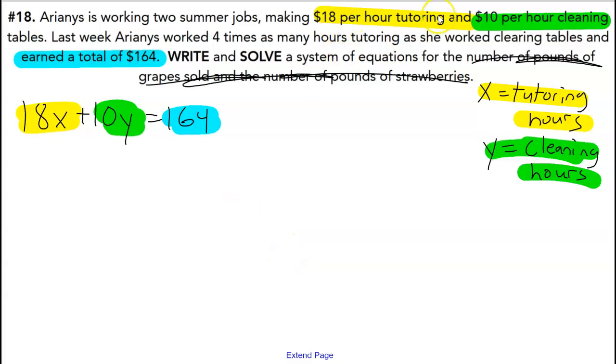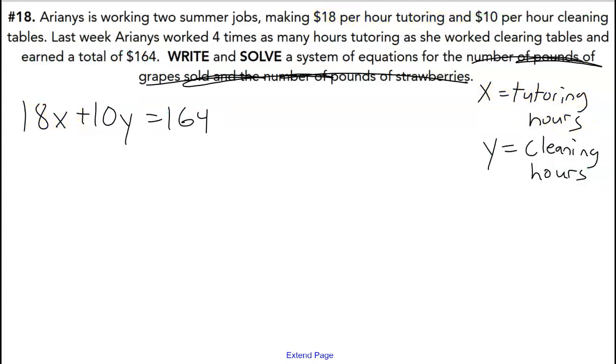This is where I got the 18, the 10, and the 164 from. Okay, so the next part is 4x is equal to y. So it's four times as many tutoring hours as she worked clearing tables.